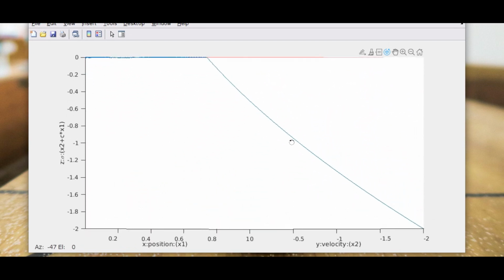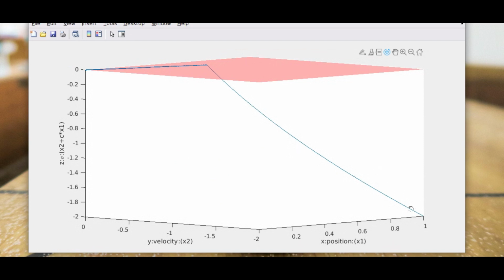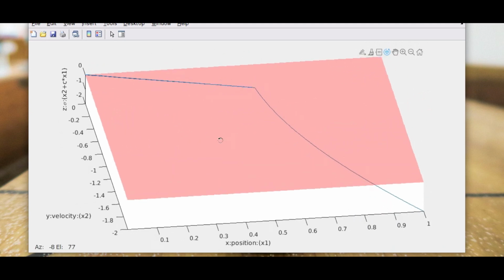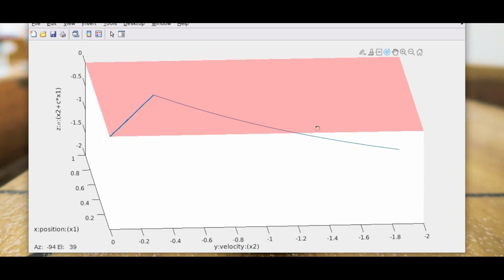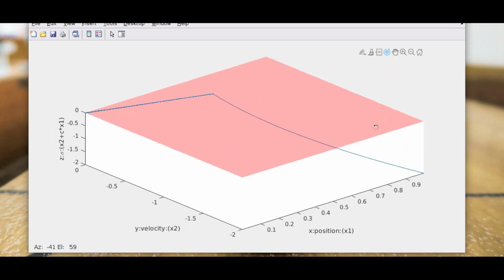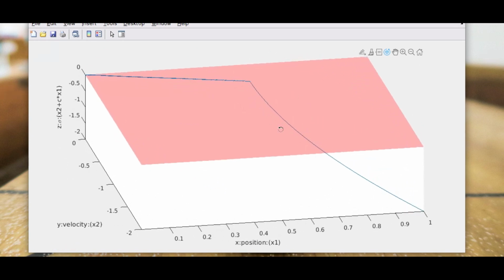And ultimately, the position and the velocity go to 0. Take a careful look at this plane I am referring to. This is a perfect 2D surface in which sigma is 0. We will discuss this plot later in the video.